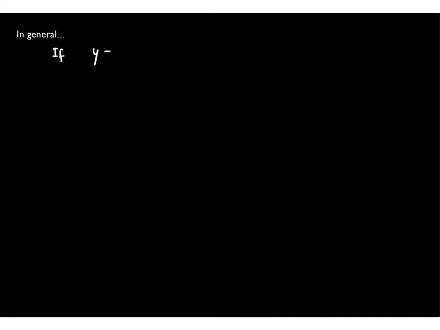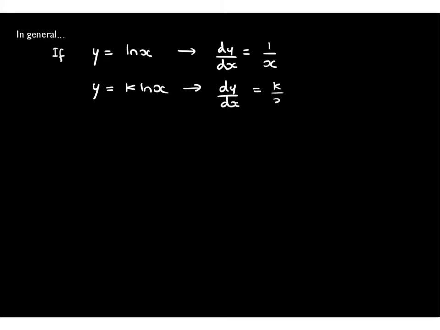If y equals something as simple as ln x, this tells us that dy by dx is equal to 1 over x. If y equals k ln of x, where k is some constant, then dy by dx is equal to k over x. So you'll see this multiplicative factor k appearing in the derivative.